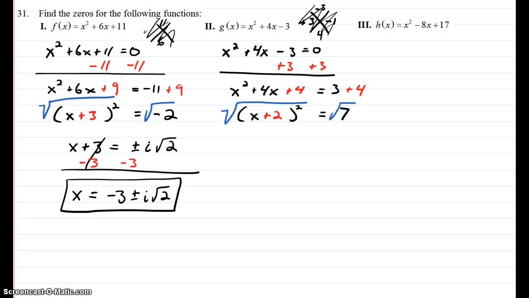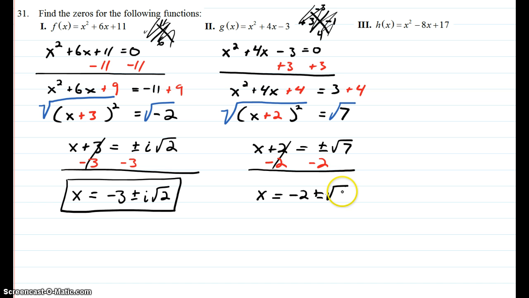So the square root cancels out the square, and I'm left with x plus 2 equals plus or minus rad 7. Now we just got to move the 2 over. We minus 2 to both sides. And we have x equals negative 2 plus or minus rad 7.